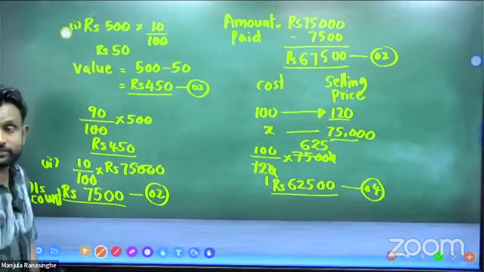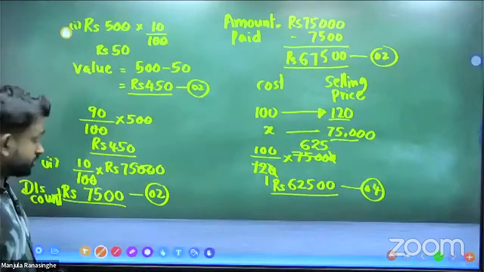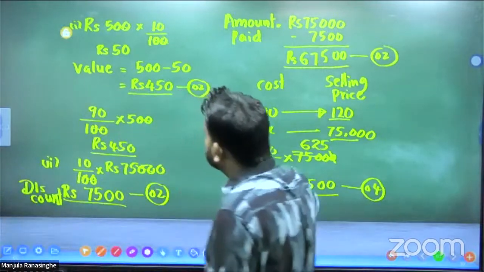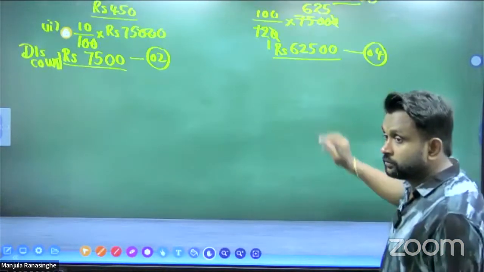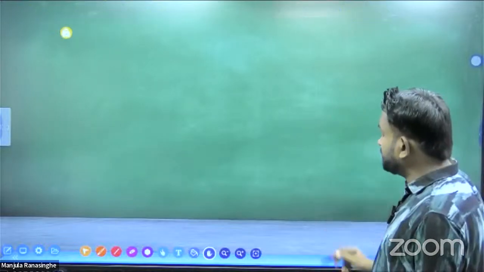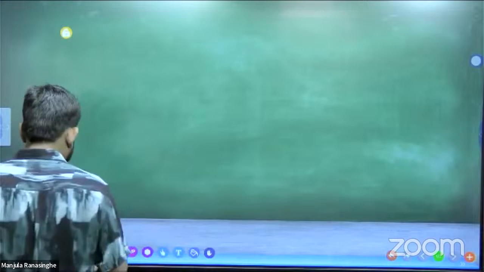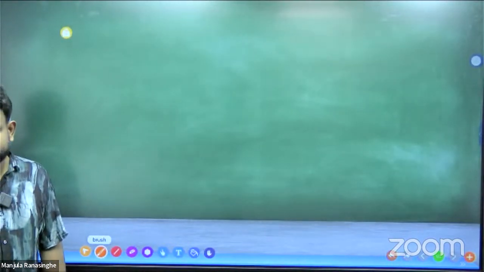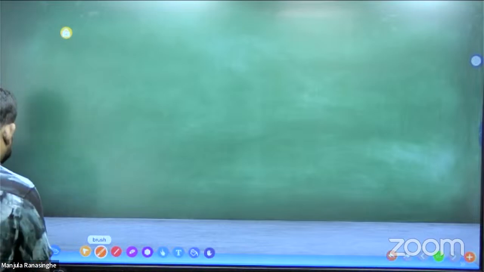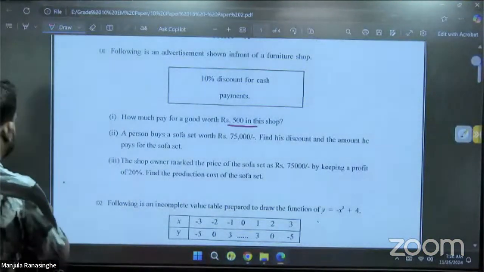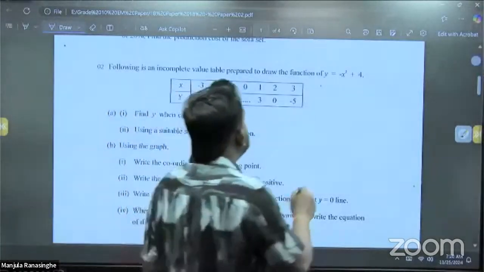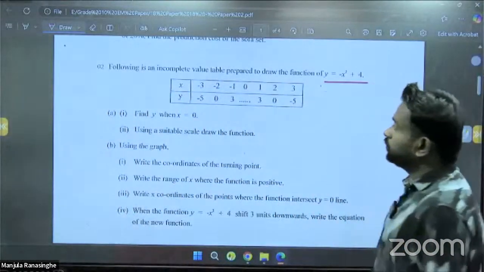Now we will move to the second question, that is the graph question. See the graph question clearly. You know the graph equation given: y equals minus x squared plus 4.